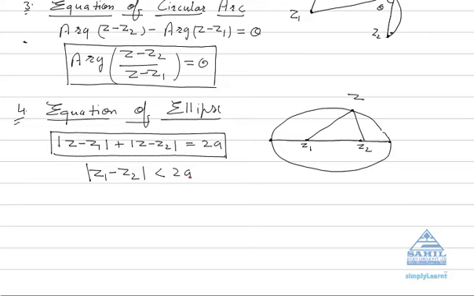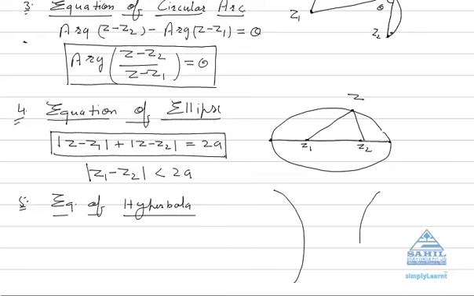By the same fundamental, you can find the equation of a hyperbola. The definition of a hyperbola is that the difference of the distances from two fixed points is always constant. Suppose these are the two fixed points z1 and z2, and a variable point z is taken on the curve.